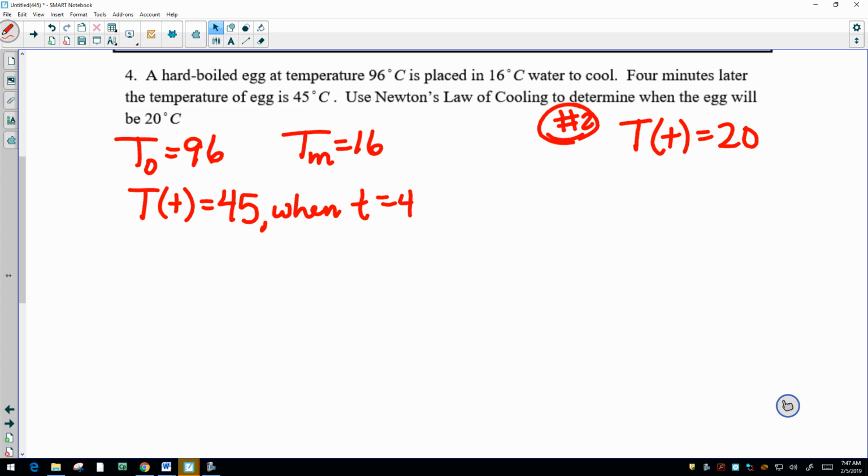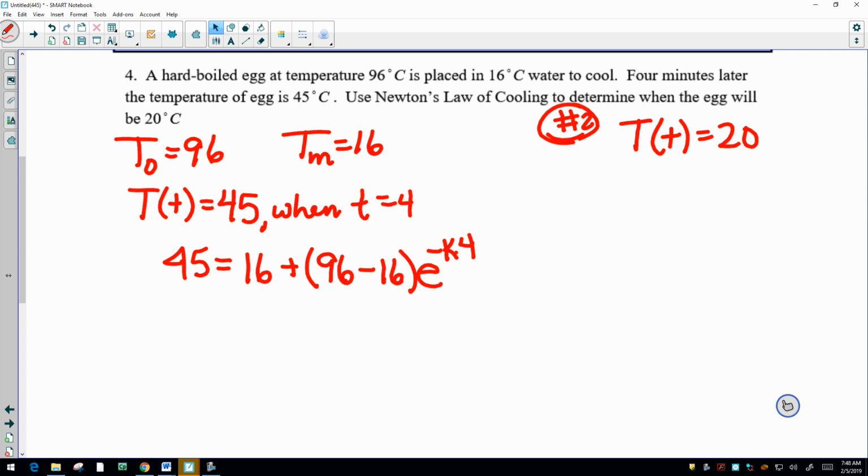Okay, so first thing we're going to do is plug this into the formula. We have T of t, so that's 45, is equal to the temperature of the medium plus the initial value minus the temperature of the medium, times e, your exponential function, raised to the negative constant we don't have, times the time we have, which is 4.